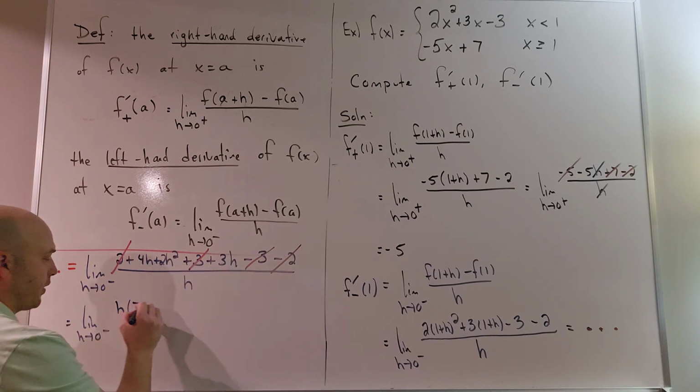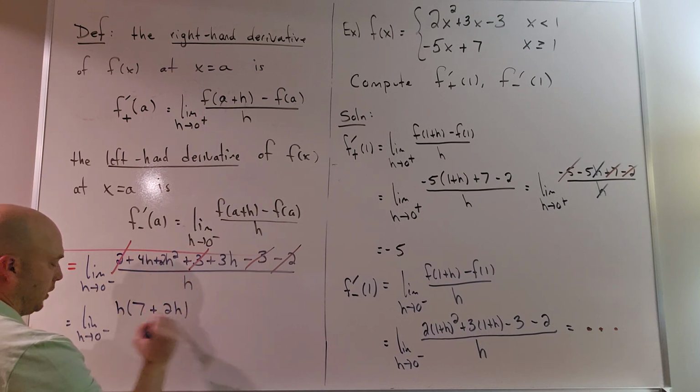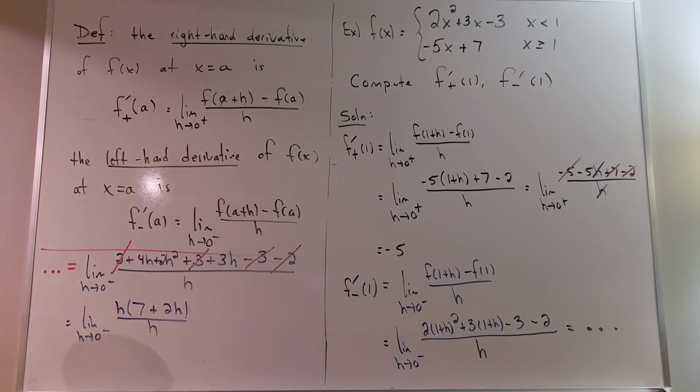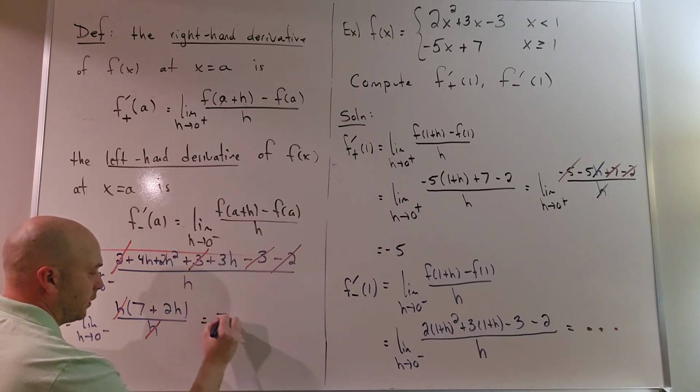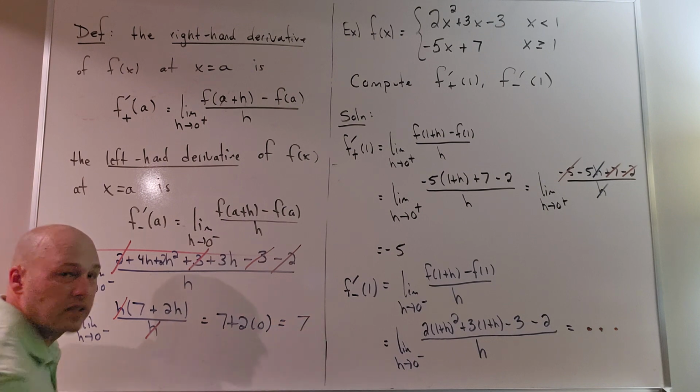That would give you 7. 2h squared, if I pull an h out, I get a 2h all over h. Now I can cancel a common factor of h on top, h on the bottom. This expression I can plug 0 in, giving me 7 plus 2 times 0, which of course is 7.